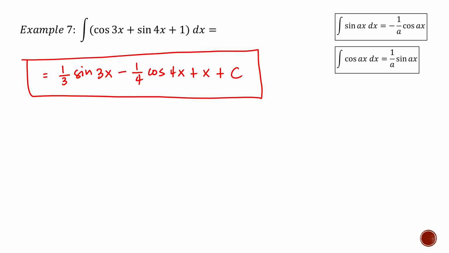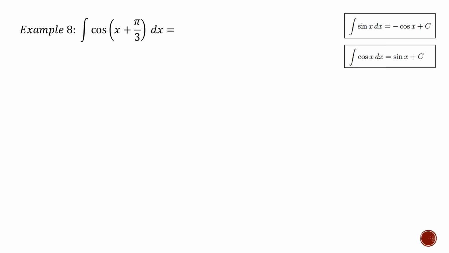Alrighty. Okay, let's go to number 8. Okay, so cosine x plus pi over 3. This is again an example of something that we need to simplify first. So this is the sum and difference identity of cosine function, but this is sum to be specific.